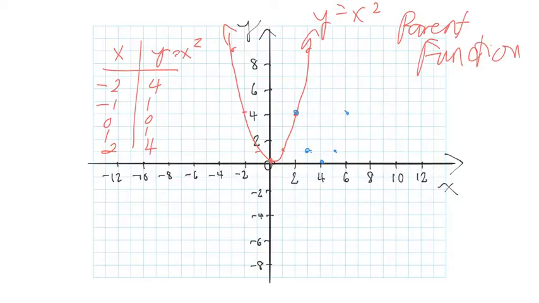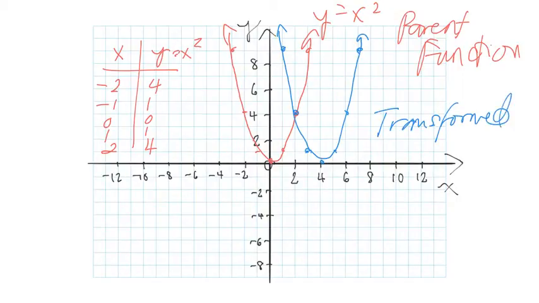Oh, that one goes there, okay. Something like that. And I can connect these points. There we go. So the blue curve in this one is going to be the transformed graph, or transformed function.